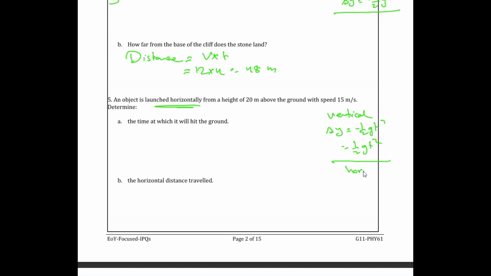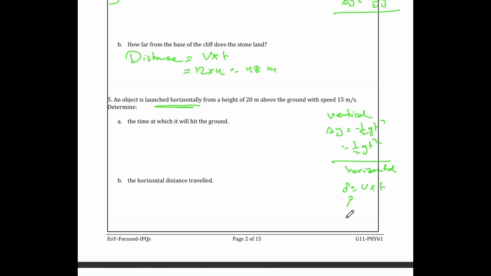For the horizontal, as we discussed, we need to calculate the distance, which is equal v times t. Okay, the gravity acts only vertically, and that's why we are using this information, because g always points in the negative y direction, downwards, so we don't have acceleration in the x direction.